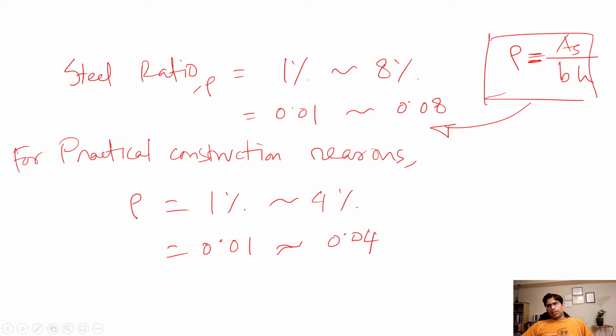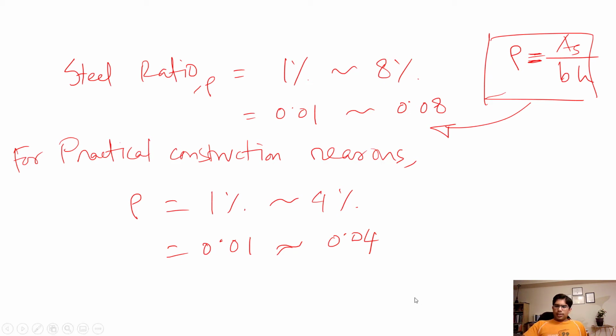For practical construction reasons, yes, we can calculate our steel ratio as 0.07 or 0.08, but we can never realistically construct it. Therefore, we should always keep our steel ratio rho between 1% and 4%.